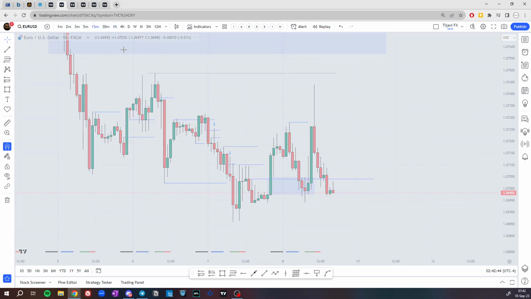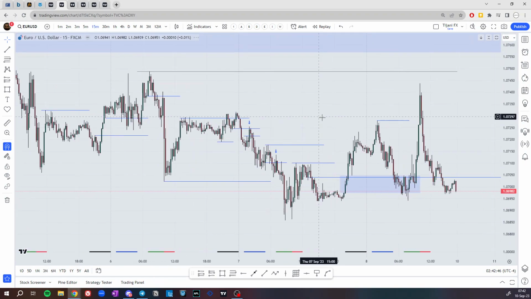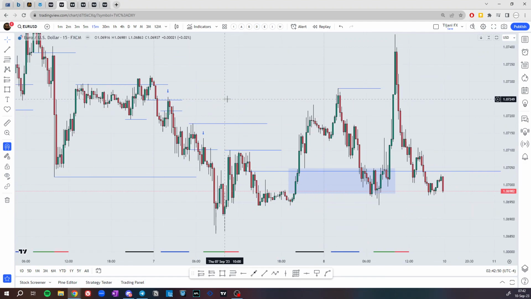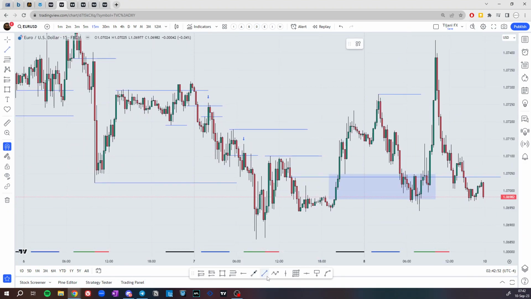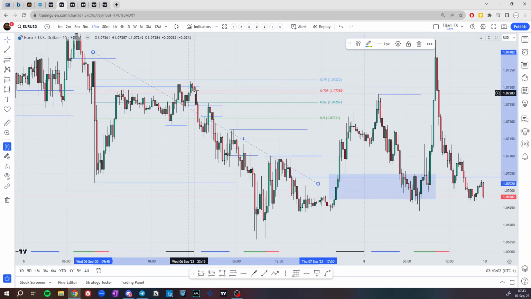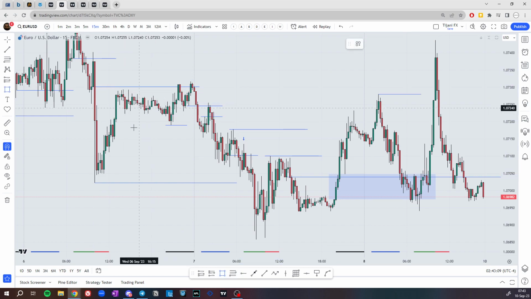right? On 15-minute time frame, what we see, price has retraced to this range premium to optimal trade entry, filling this order block with this fair value gap here.